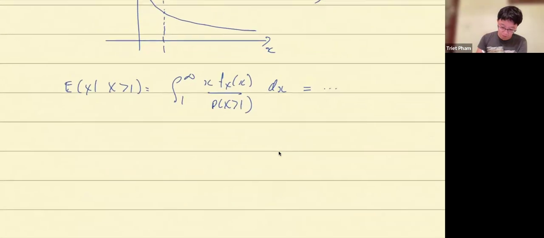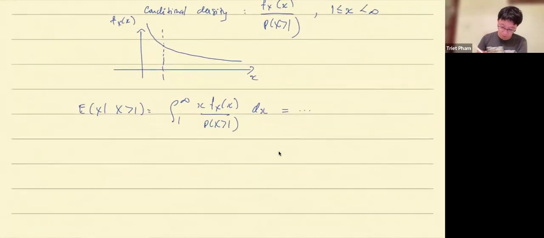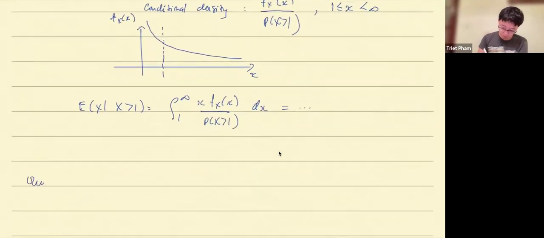All right, let's do one more. So now we have a uniform.